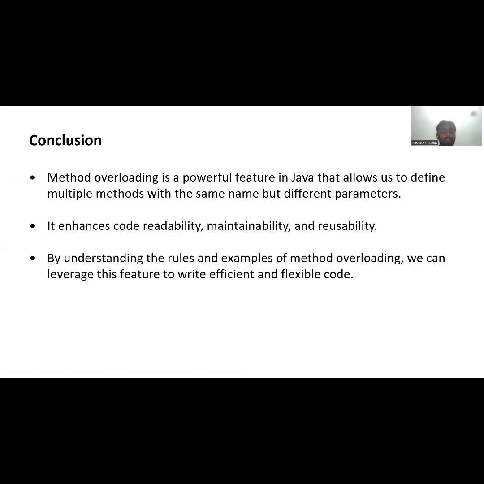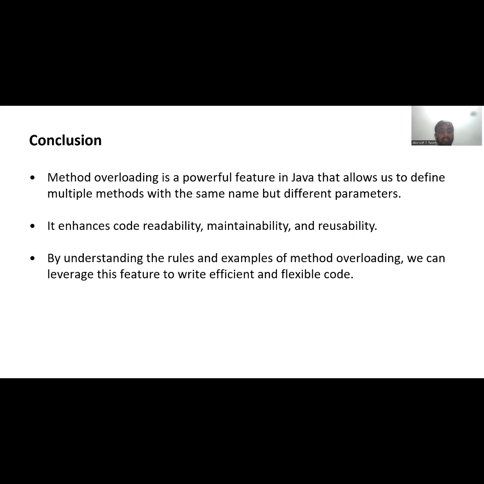And conclusion. In today's presentation, I think we all learned that method overloading is a powerful feature in Java that allows us to use multiple methods with the same name but different parameters. It enhances code readability, maintainability and reusability.